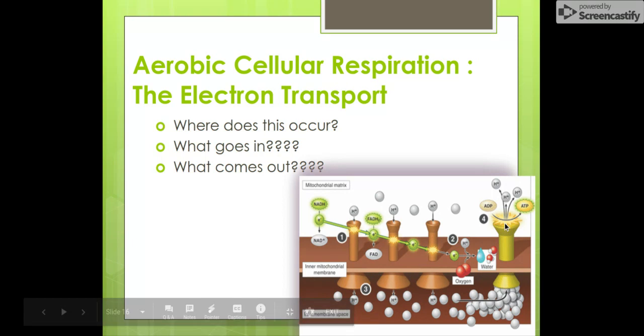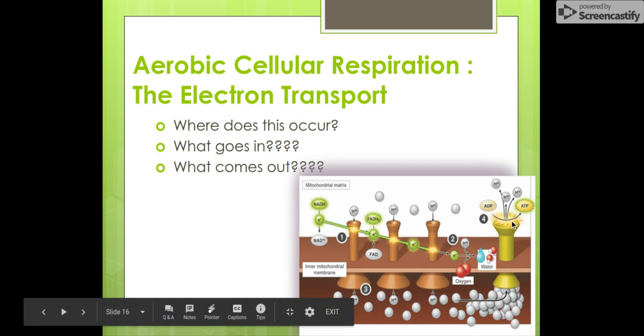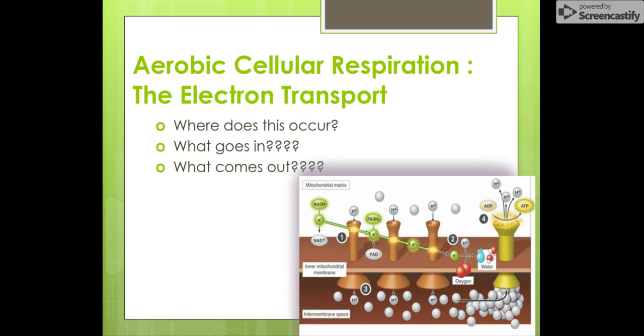Just like with a dam generating electricity, here as these hydrogen ions flow through this enzyme, we're producing ATP, that energy molecule. So this is where the bulk of our ATP is coming from, this electron transport chain process.